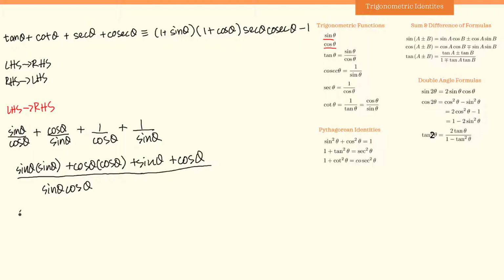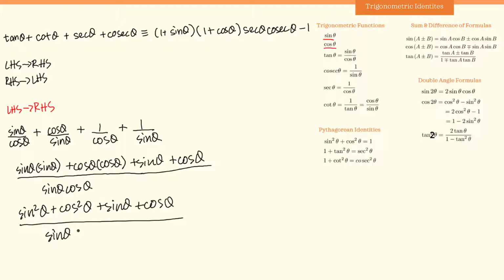Simplifying, this would give me sine square theta plus cosine square theta plus sine theta plus cosine theta divided by sine theta cosine theta.